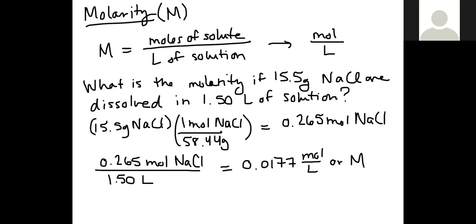I will accept you writing the answer in either form with your unit. It can be M or moles per liter, but you have to know that they are equivalent. I will often give you a concentration like 1.5 M, and you have to know that's 1.5 moles per liter. Any questions so far?